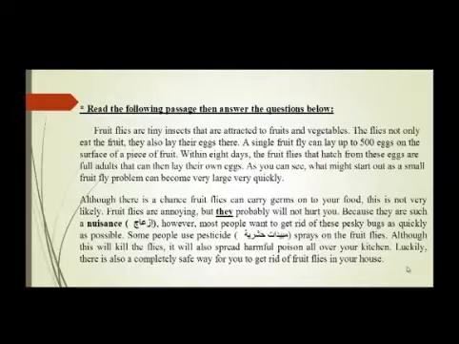The flies not only eat the fruit, they also lay their eggs there. A single fruit fly can lay up to 500 eggs on the surface of a piece of fruit. Within 8 days, the fruit flies that hatch from these eggs are full adults that can then lay their own eggs.